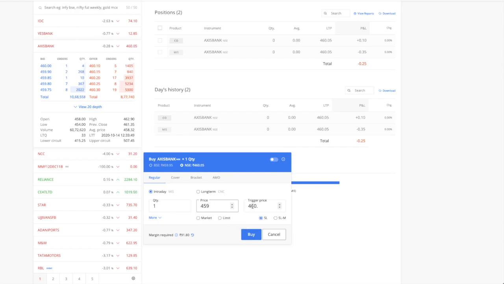Now what if all of a sudden the price jumps to 458 and it keeps on falling? Then you won't be able to sell off. Even though your view has gone wrong, you'll be holding on to the positions and be incurring more and more loss. So always use a stop loss market order. Don't go for SL. This is what is going to be suggested when it comes to keeping a stop loss.